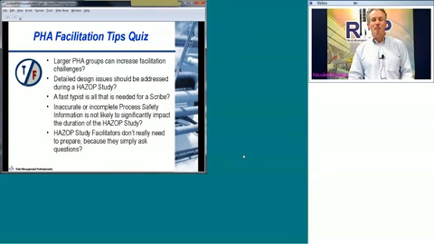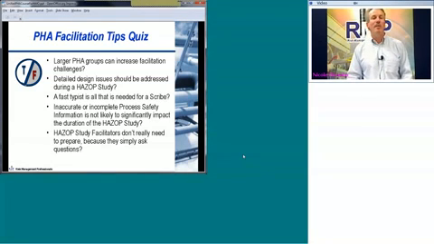Should detailed design issues be addressed during a HAZOP study? No, the HAZOP study is not to do the detailed design. It's really to flush out any potential weaknesses. And is all you need for a scribe or recorder a fast typist? No. You want somebody who's trained, can work with the facilitator, and understands a little bit of the process.